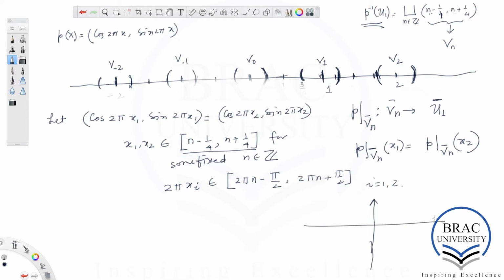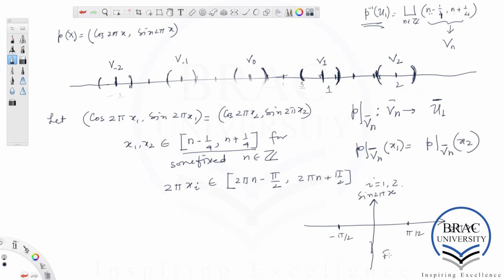So on the x-axis we have 2 pi x, and on the y-axis I have sine 2 pi x. I'm trying to draw the picture for sine 2 pi x. Suppose we're just considering the n equal to 0 case. So I have negative pi over 2 and positive pi over 2.